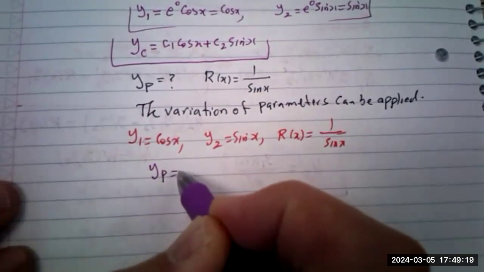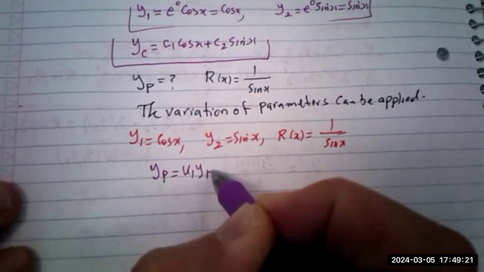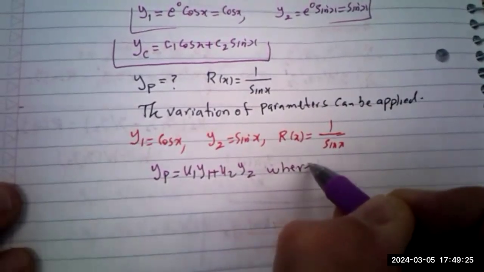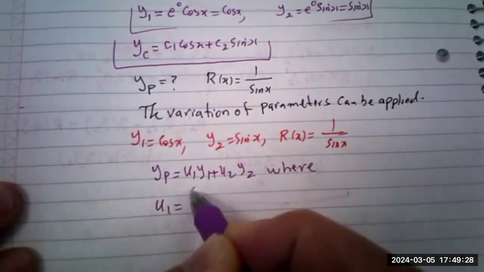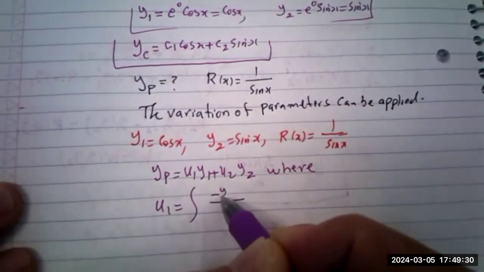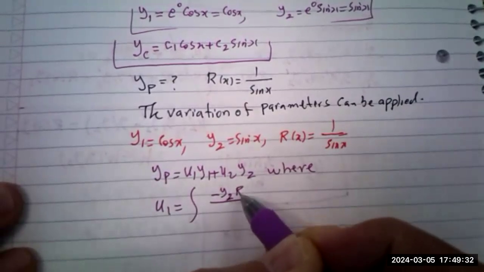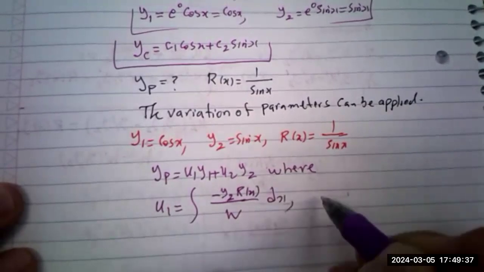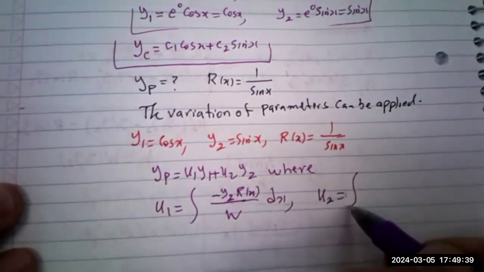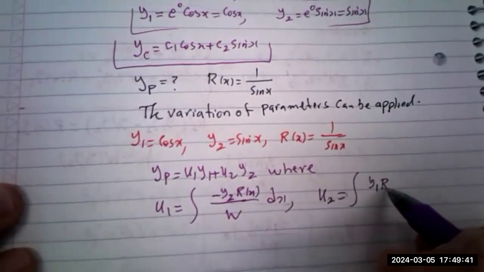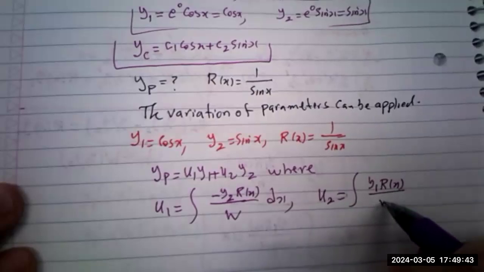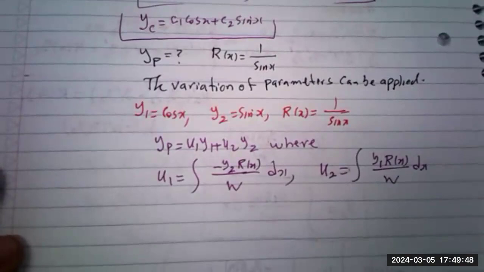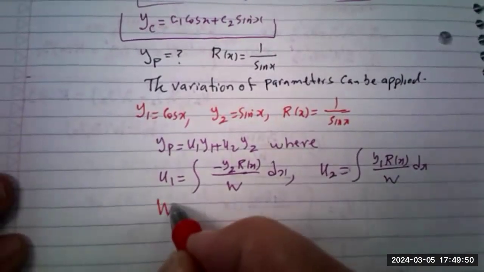YP would be equal to U1 Y1 plus U2 Y2, where U1, remind yourself, is the integral of negative Y2 R of x divided by the Wronskian, and U2 is the integral of Y1 R of x divided by the Wronskian. These are your formulas. So you have to find the Wronskian first.